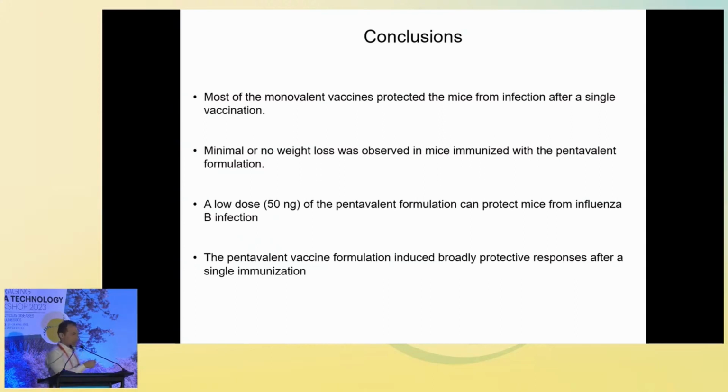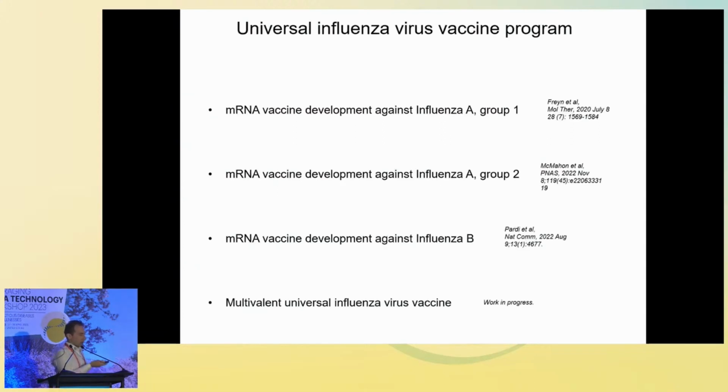So we started a bunch of studies with mice, ferrets, and also non-human primates with pre-established antibody titers, and now we are testing these vaccines in those animals to see if we can still induce protective immune responses. Again, the group 1, group 2, and influenza B stories are published, and right now we are working on the multivalent vaccine, again in mouse studies, ferret studies, and non-human primate studies as well.